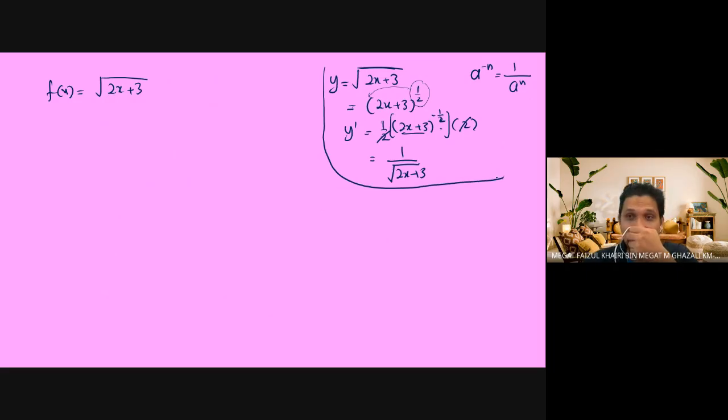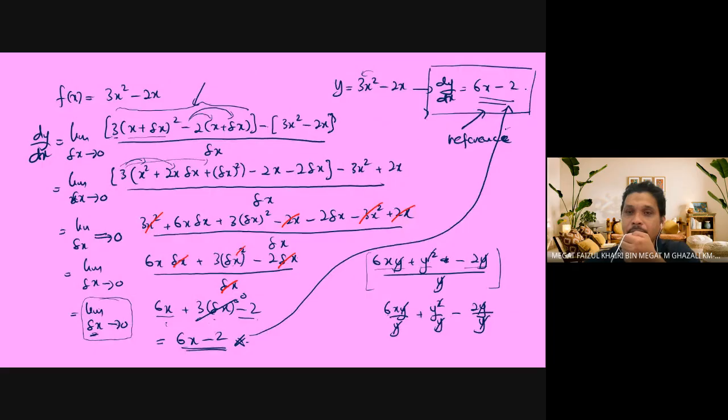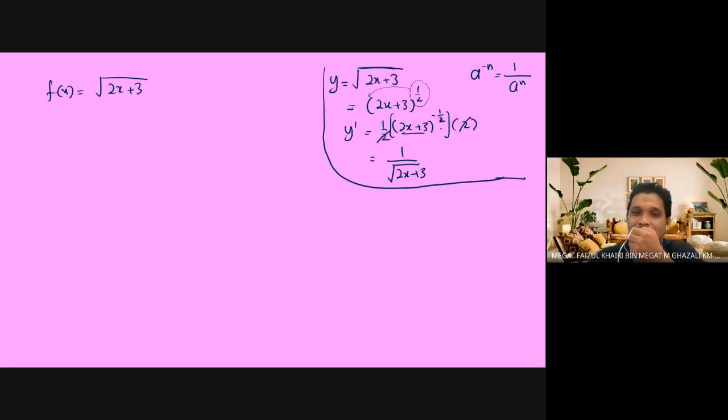Okay. Again, what did I say to you just now? It's a reference. So it's just a reference here. Once you start using your first principle until you get the answer at the end here, compare this with your reference here, whether it's exactly the same or different.